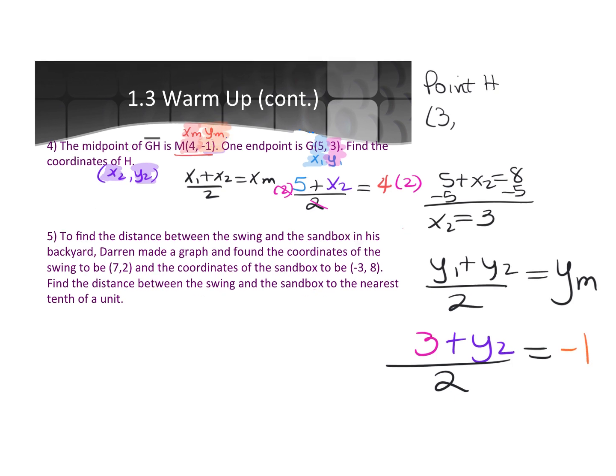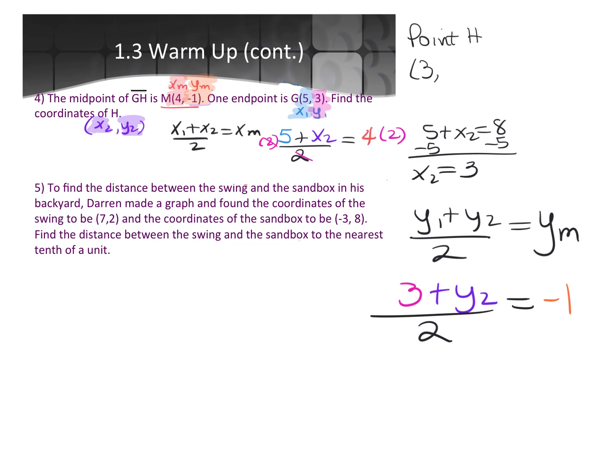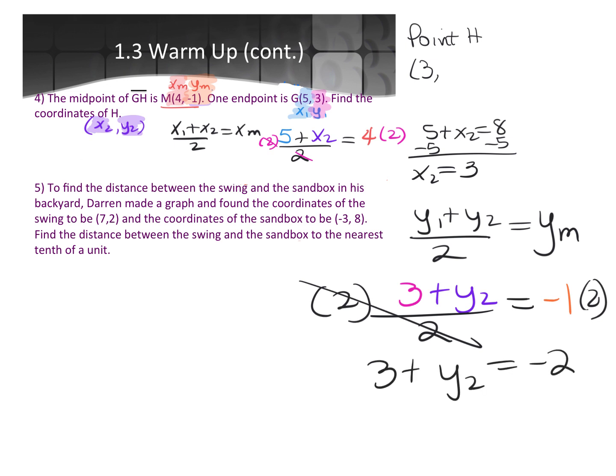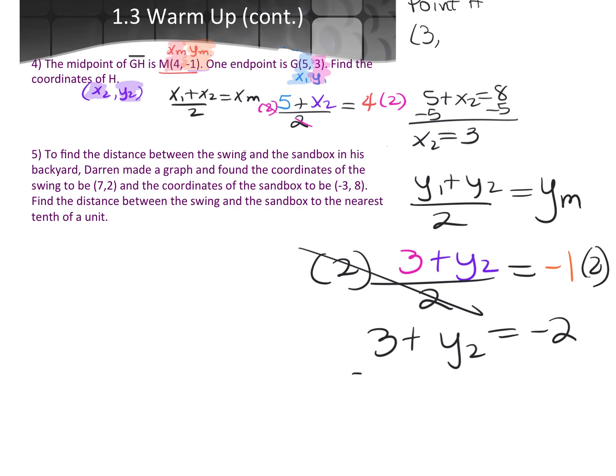I'm going to solve this algebraically by multiplying both sides by 2. 3 plus the y sub 2 equals -2. Subtract the 3. And the y of that endpoint is -5.